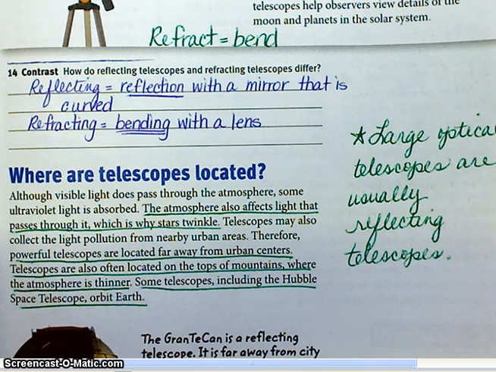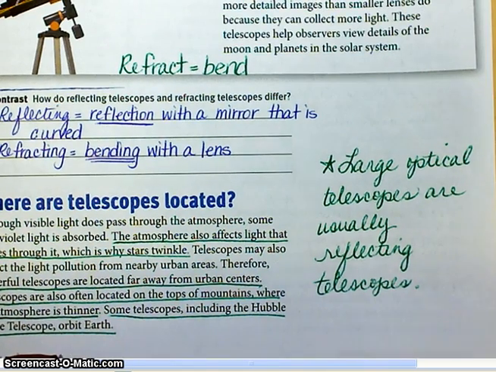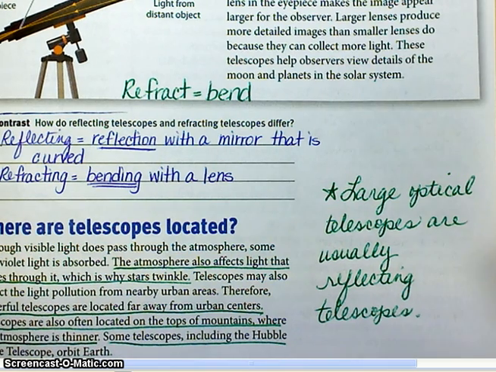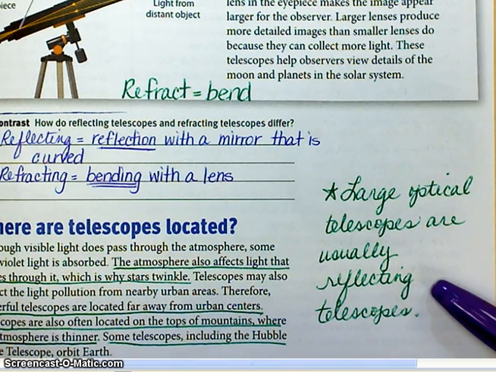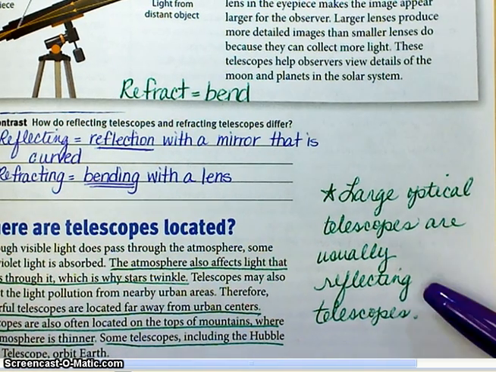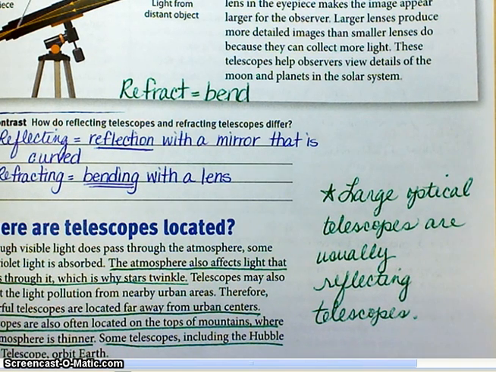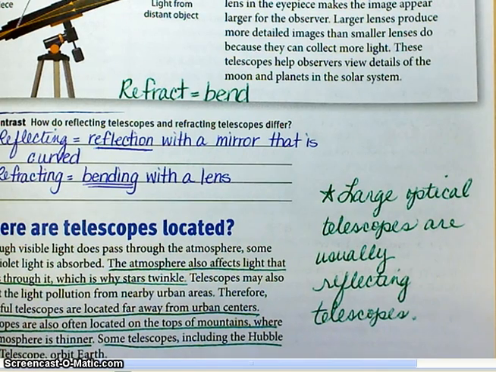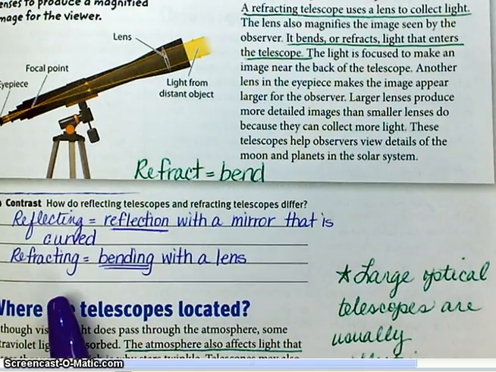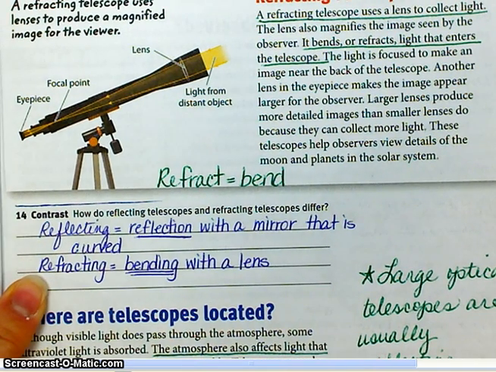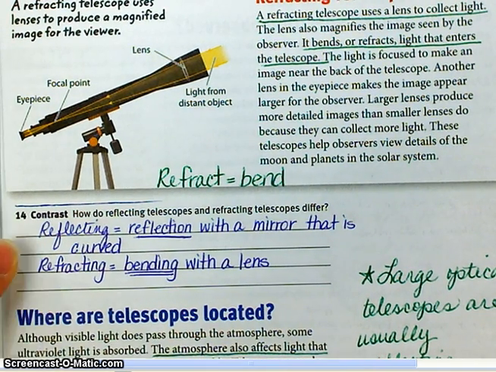Okay. I am going to point out that large optical telescopes are typically reflecting telescopes, and I'm not going to get into the reasons why, but reflecting telescopes are easier to build, which is why we typically make large telescopes out of mirrors rather than lenses. Okay, number 14 asks us, how do reflecting telescopes and refracting telescopes differ?